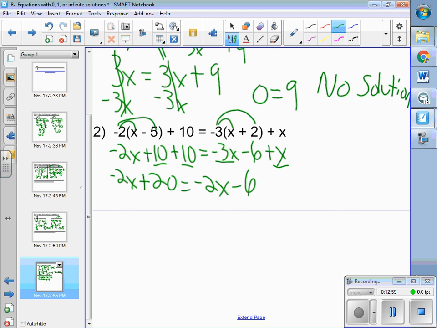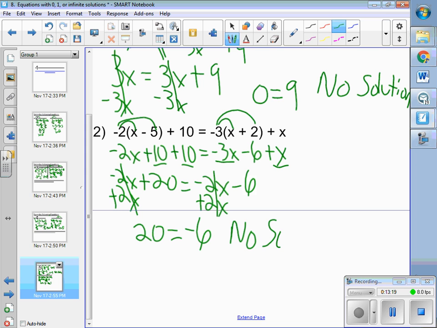Now, right off the bat, we could actually do the variables first. So we're going to add 2x to both sides, and that's going to cancel this, and that's going to cancel this. And so we're left with 20 equals negative 6, which once again is no solution.